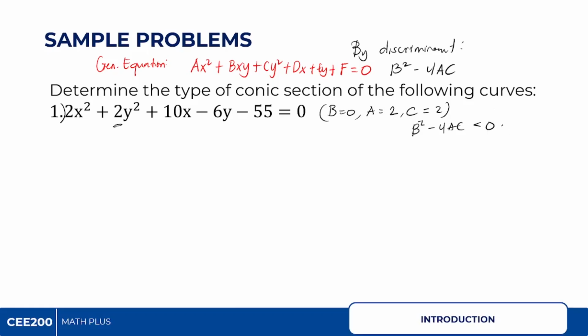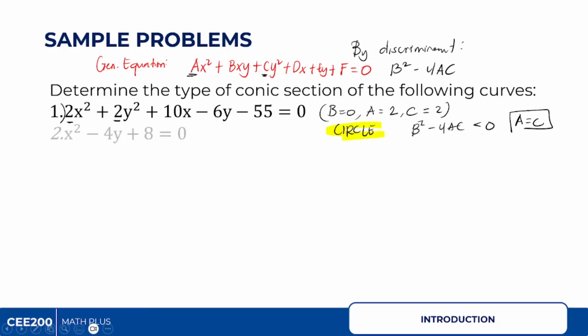So, that is ellipse or circle. Then, let us check kung yung a ba and c are equal. So, a is equal to c. So, therefore, we can say that this one is a circle. Kuha ba? This one is a circle.